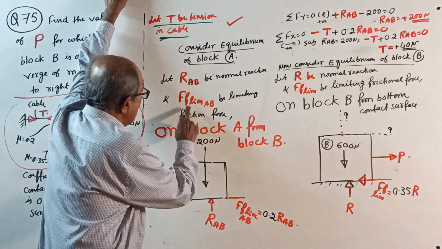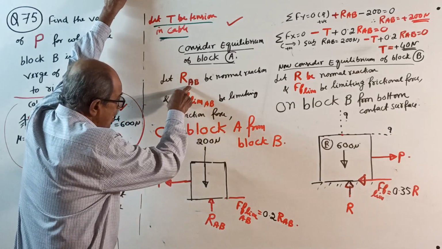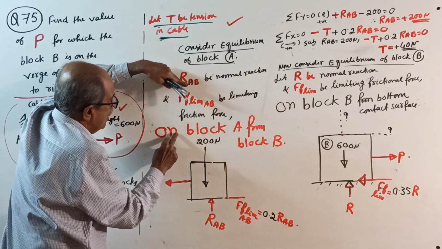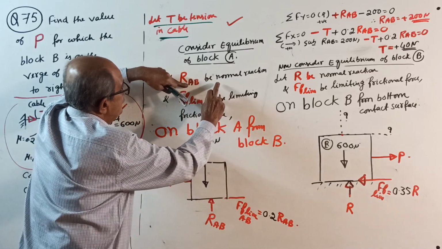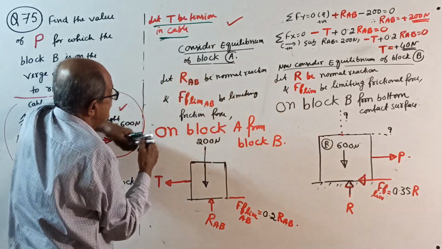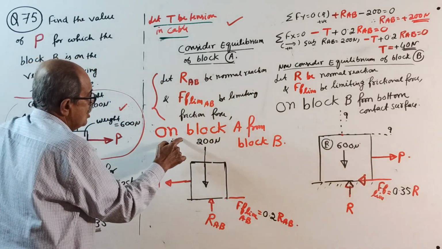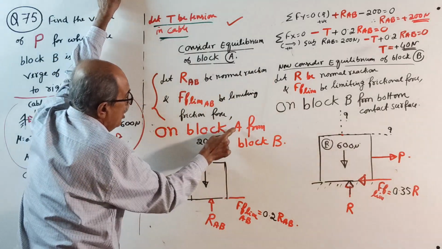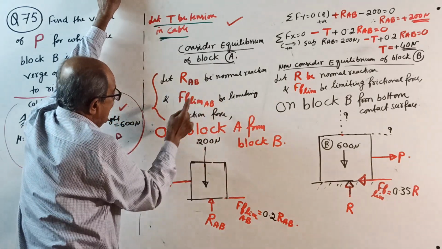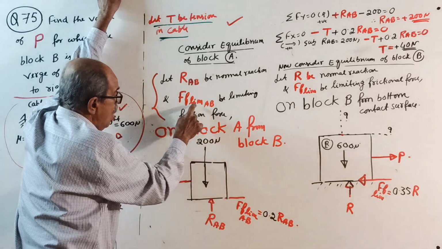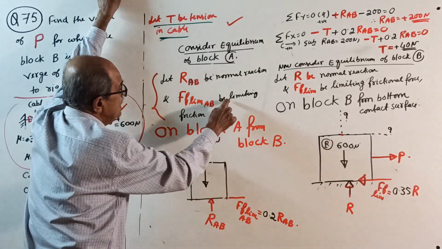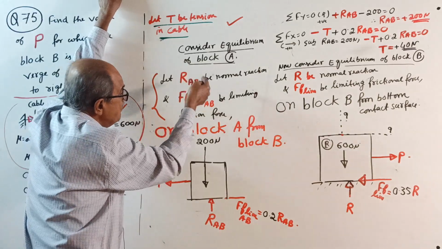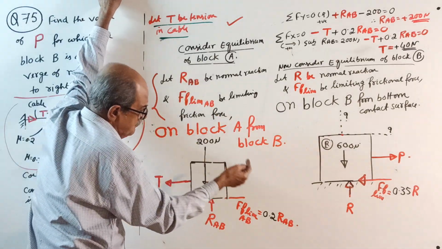So normal reaction R on the block A from block B, RAB, and F limit, limiting frictional force on block A from block B.